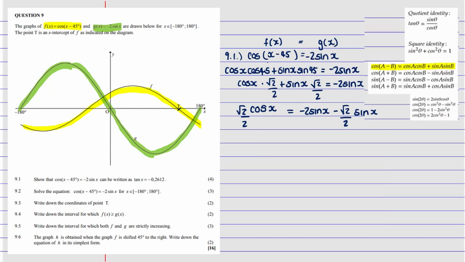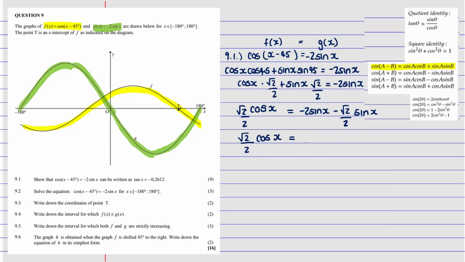Yes. So now, because this is the same thing, we're just going to add the numbers together, right? So when you say -2 minus, then you're going to say root 2 divided by what? By 2, right? That is going to give you what? So it's going to be root 2 plus 2 cos x is equal to what?